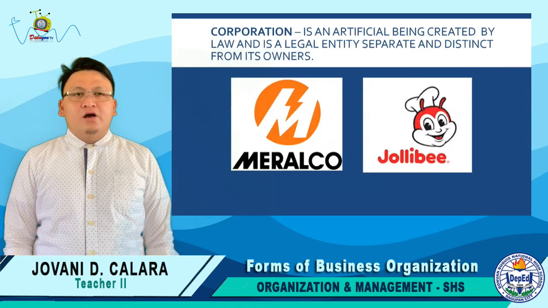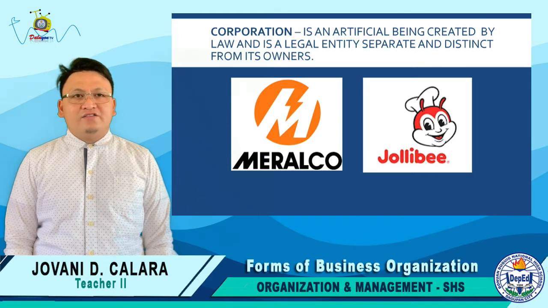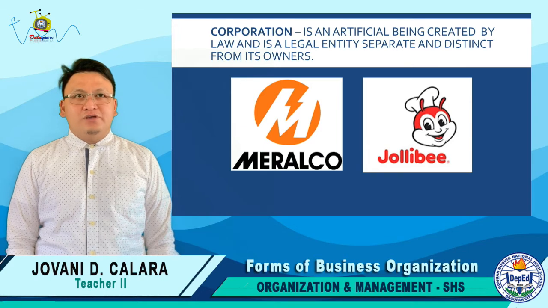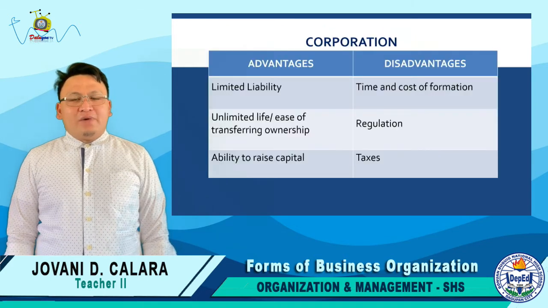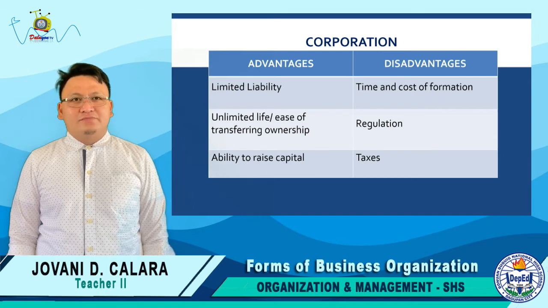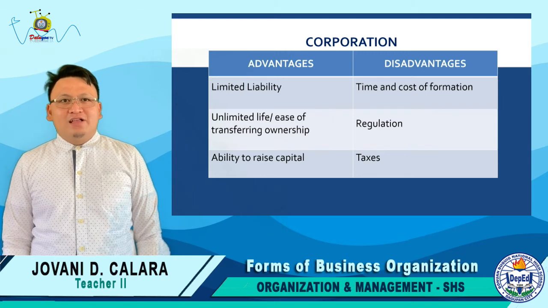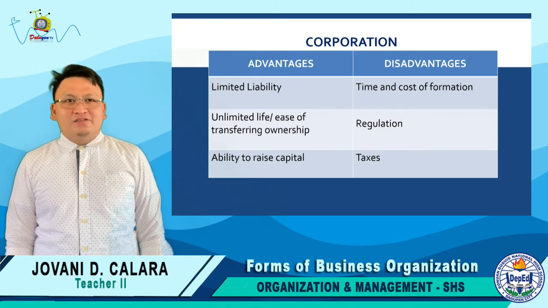Corporation. Corporation is an artificial being created by law and is a legal entity separate and distinct from its owners. Examples, Meralco, Jollibee. Here are some advantages and disadvantages of corporation. Advantages. Number 1, limited liabilities.